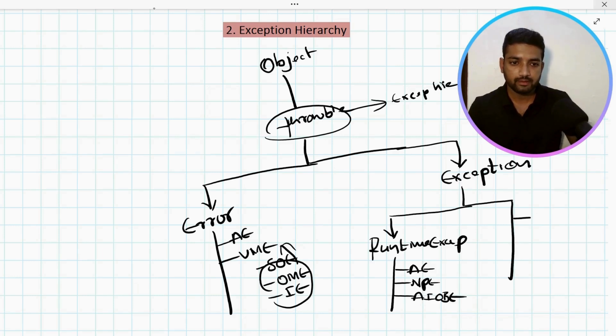Exception classes, these are direct subclasses of Exception: ClassNotFoundException, IOExceptions like FileNotFoundException. In this way, there are a lot of subclasses in each category.